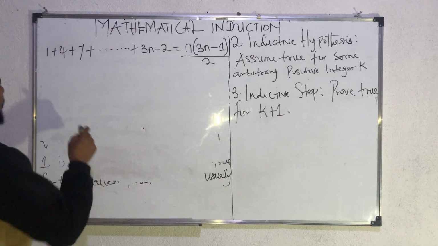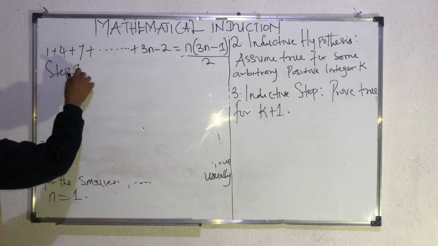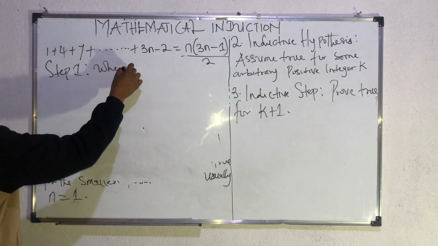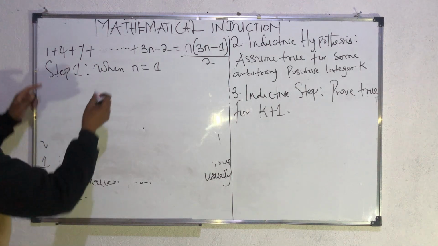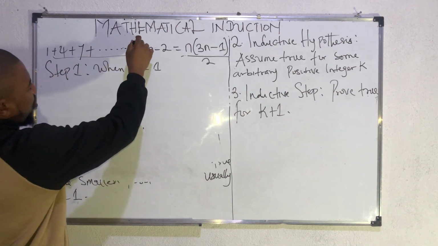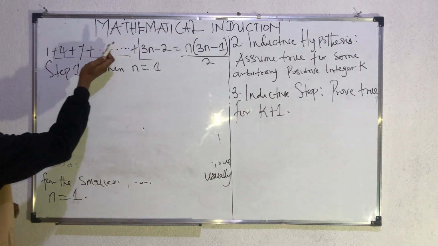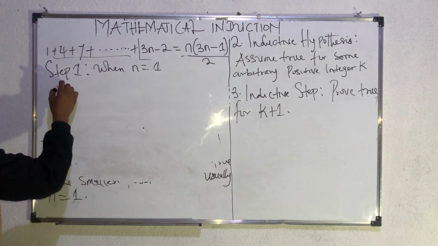So I'm going to start from step 1, when n equals 1. I'm not going to work with this part, but we're going to copy down this part that has an n. So I'm going to start from here.